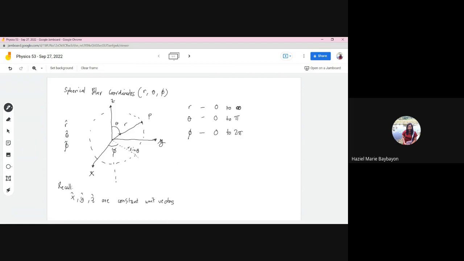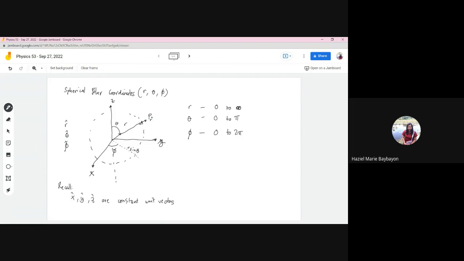So this is your P. The r hat is directed here. It is pointing into the direction of increase of the corresponding coordinate. So this is r hat.